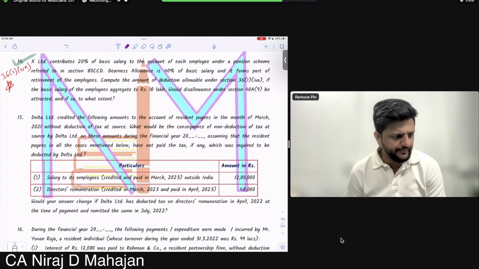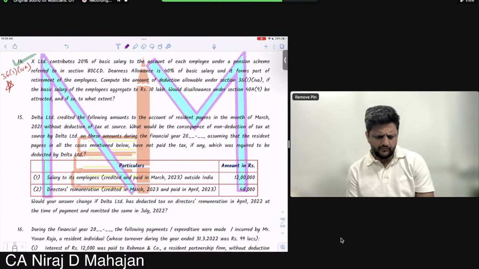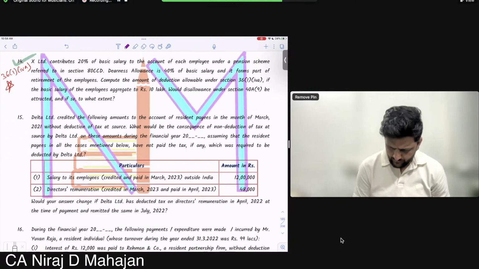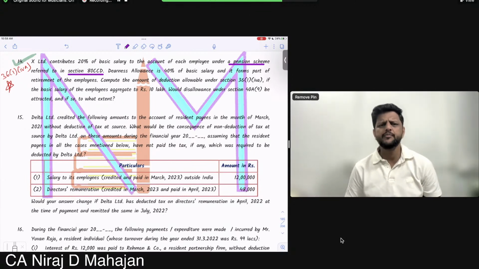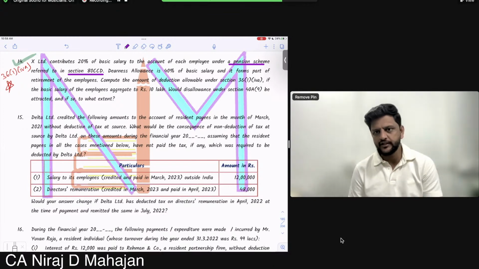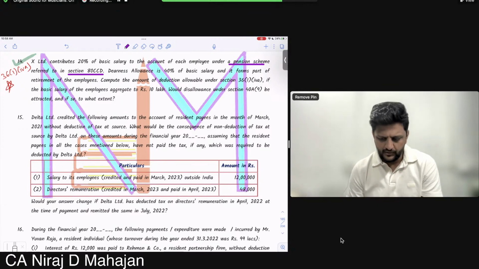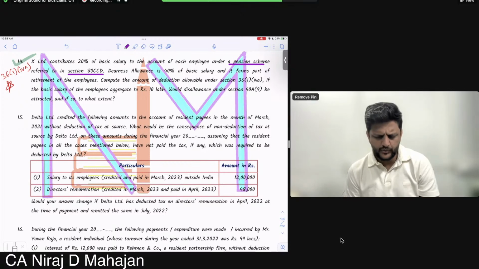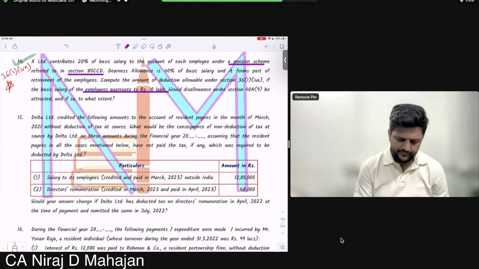X Limited contributes 20% of basic to the account of each employee under the pension scheme mentioned under section 80CCD. That is its own calculation, but we have to see what 36(1)(iva) says: 10% of salary, where salary means basic plus DA forming part of retirement benefits. Understood? DA in the company is 40% of basic and it forms part of retirement benefits. Compute the deduction allowable under section so and so, if the basic salary of all the employees aggregates to 10 lakhs.